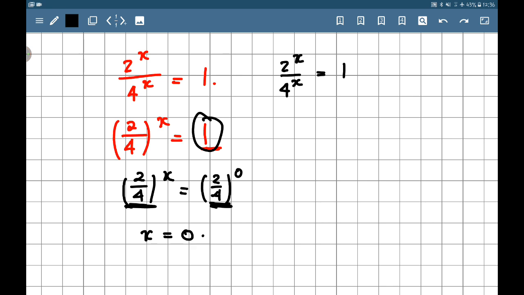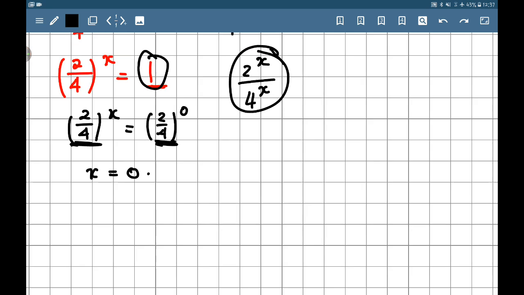For instance, you have 2 to the power x over 4 to the power x. There is a rule that speaks to that, right? Yes. So you need to apply that rule first, before you change anything to the prime base or whatsoever.